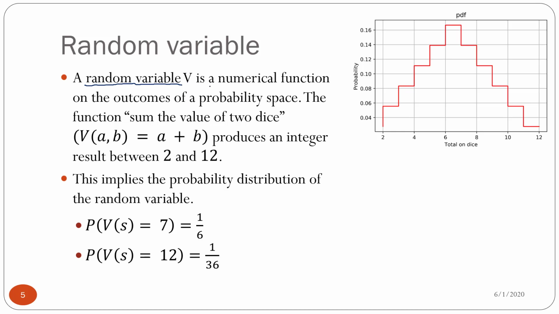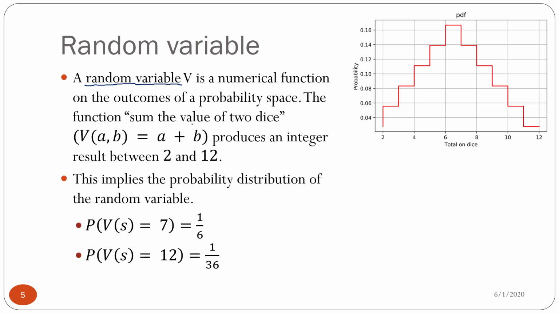A random variable is a numerical function on the outcomes of a probability space, and an example of that could be the function sum of the values of 2 dice. Let's not go to the example yet. Let's first try to understand the definition.